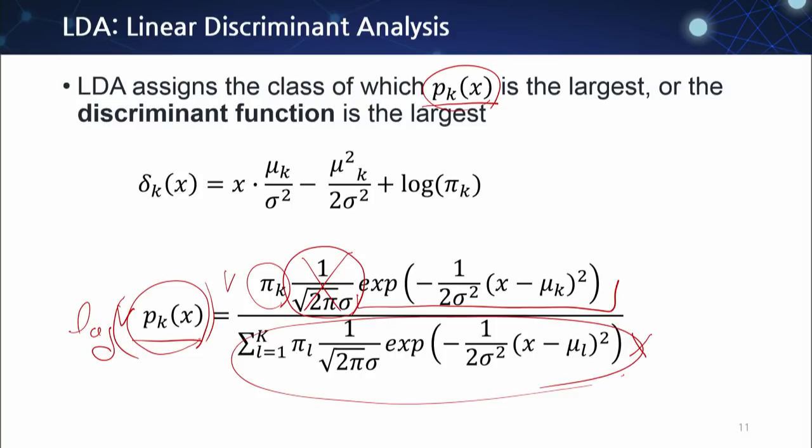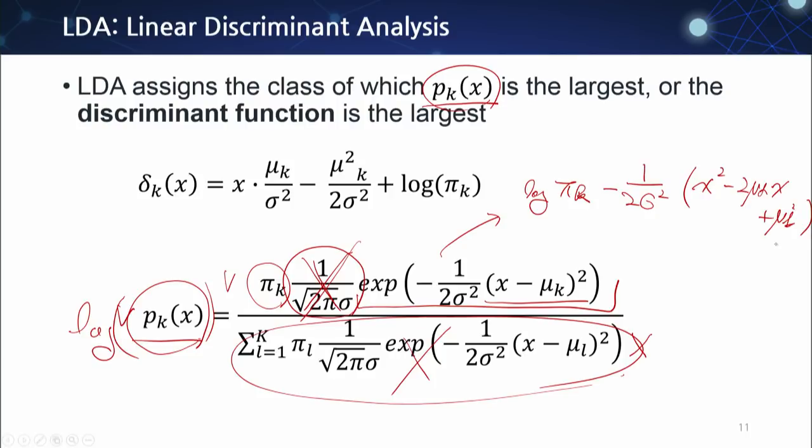If we make the log transformation, ignoring the common terms, it becomes log pi_k minus 1 over 2 sigma squared times (x squared minus 2 mu_k x plus mu_k squared). This is equal to log pi_k minus x squared over 2 sigma squared plus mu_k x over sigma squared minus mu_k squared over 2 sigma squared.